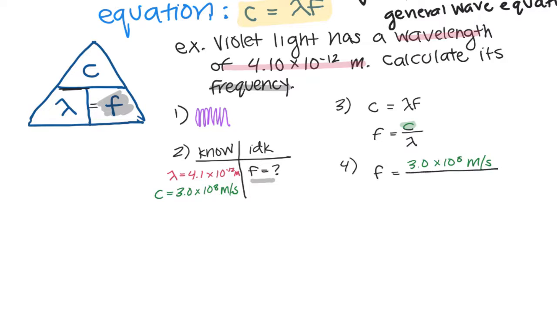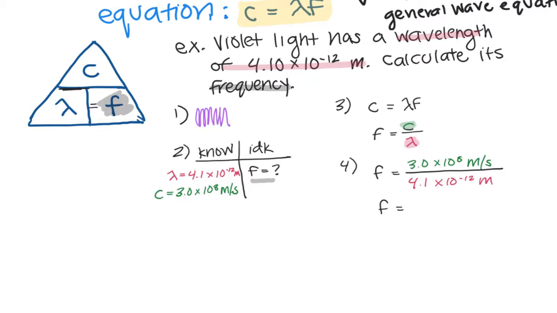Keeping all other operations in this equation the same, then we can go ahead and plug in our wavelength for violet light, which we know from the problem is 4.1 times 10 to the negative 12th meters, right?